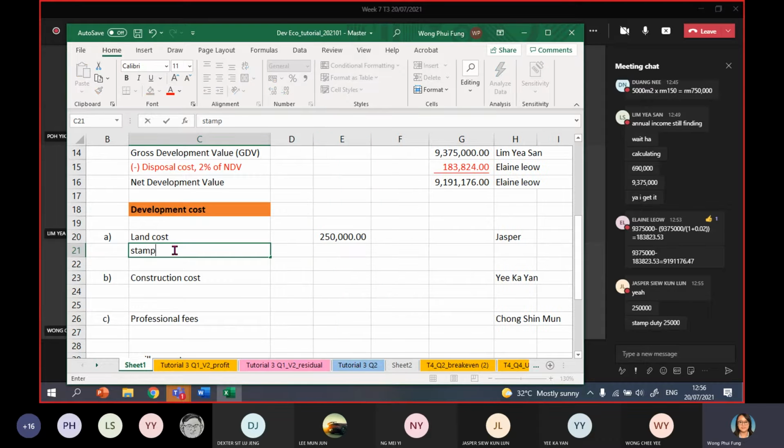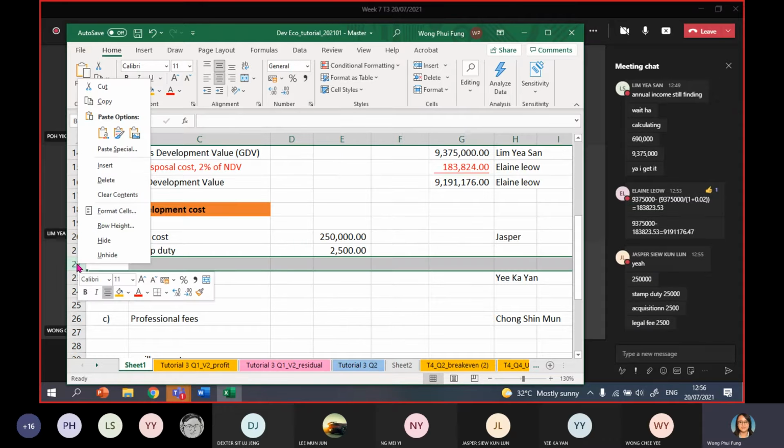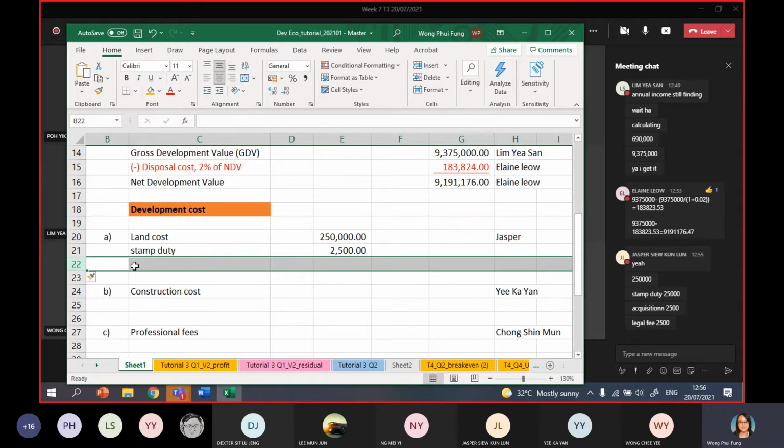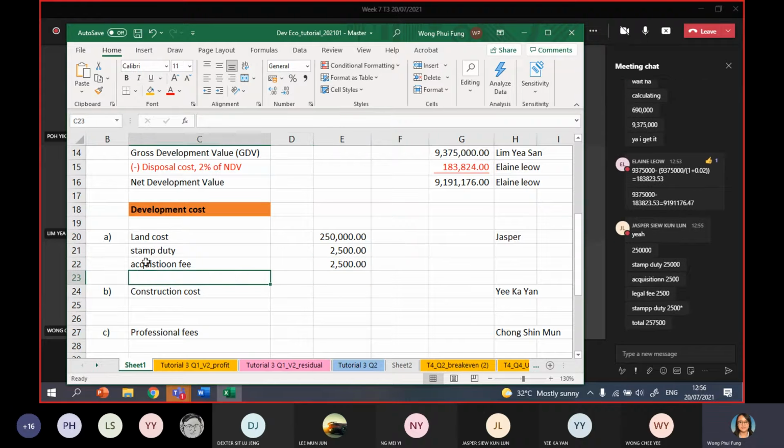Stamp duty, some more? Add up everything for me. Acquisition. Okay, noted. Good. Thank you, Jasper.